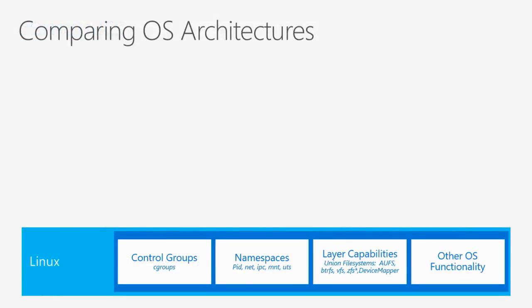So when we look at how we provide isolation in containers, in the Linux world, there are three main isolation technologies that we use. The first is control groups, or cgroups.